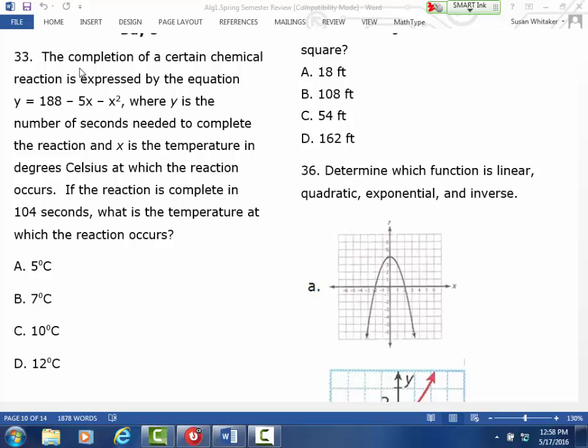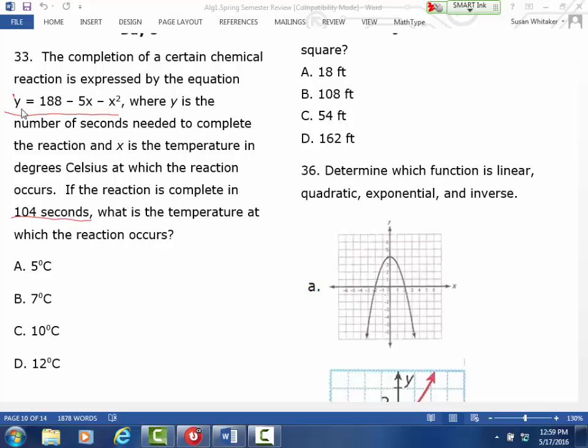Okay, so the completion of a certain chemical reaction is expressed by the equation y equals 188 minus 5x minus x squared, where y is the number of seconds needed to complete the reaction and x is the temperature in degrees Celsius at which the reaction occurs. Okay, so y is our seconds, and then it says 104 seconds to complete the reaction.